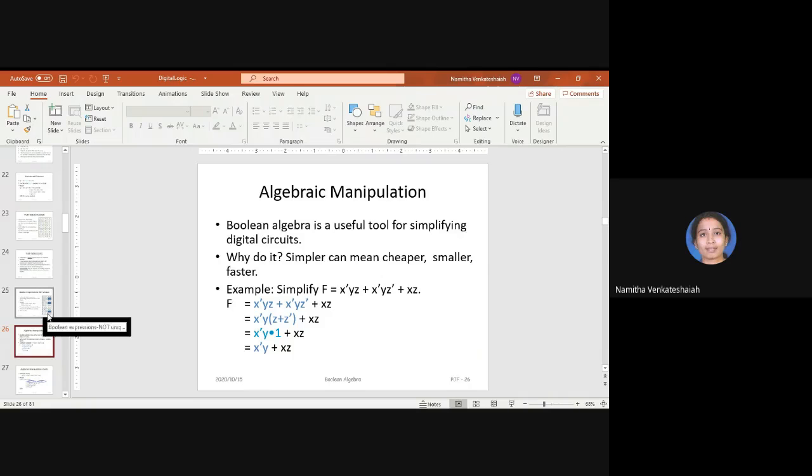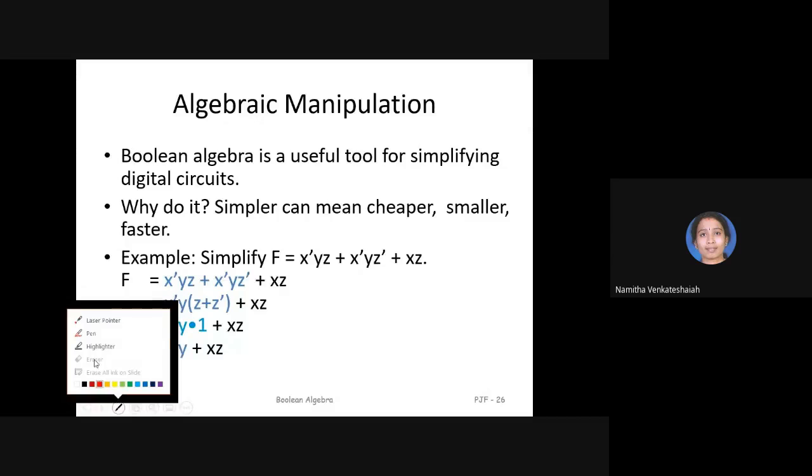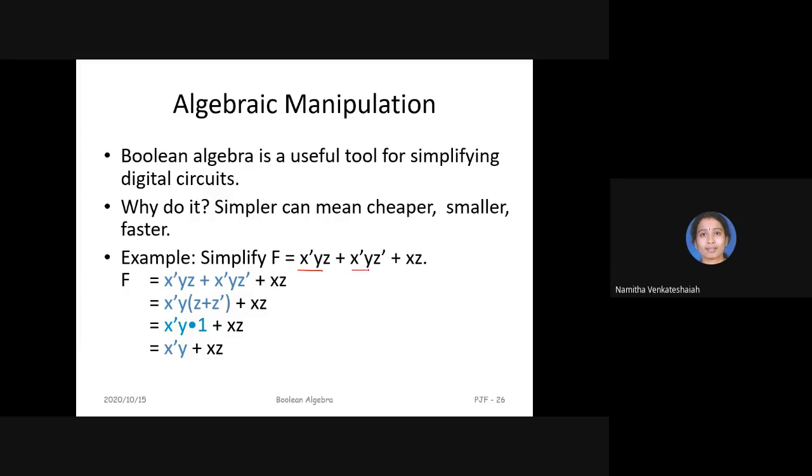Whenever we want to simplify something, the first approach is algebraic manipulation. If you observe here, f is x dash yz plus x dash yz dash plus xz. Here x dash y is common.